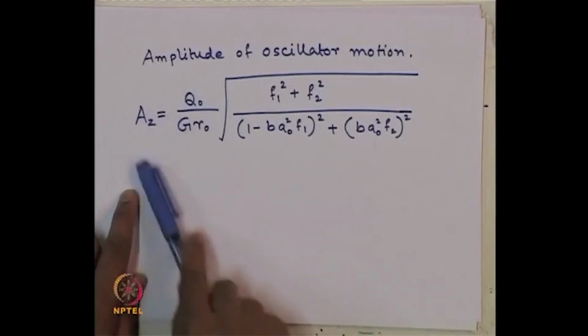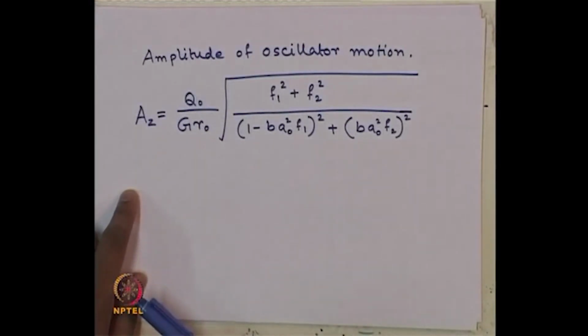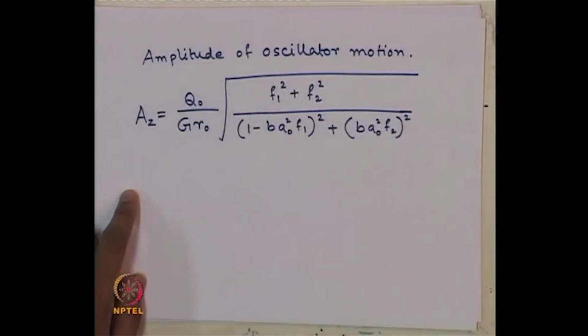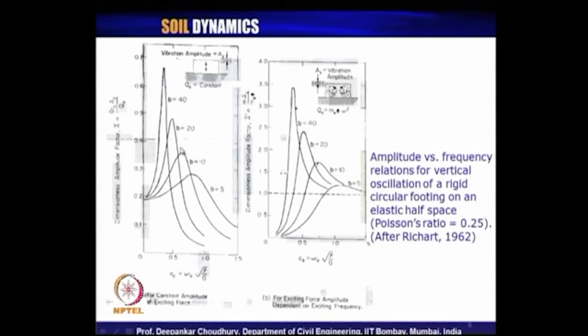That also will give you the value of Az. So, either you calculate using this equation, then you have to use this chart of F1, F2, or directly you can use these two design charts where the effect of F1 and F2 are already taken care of. Clear how we need to design this one?